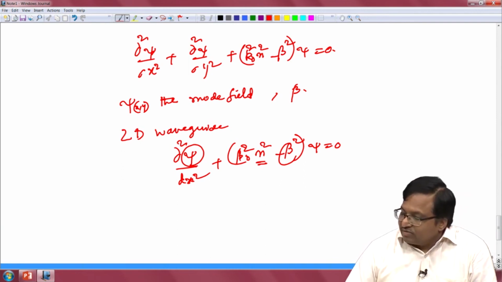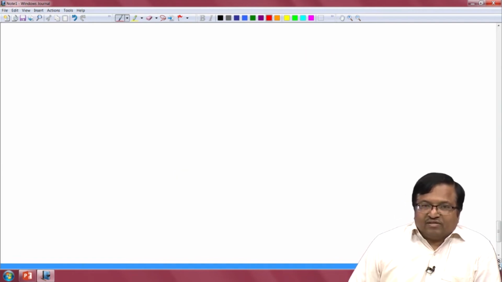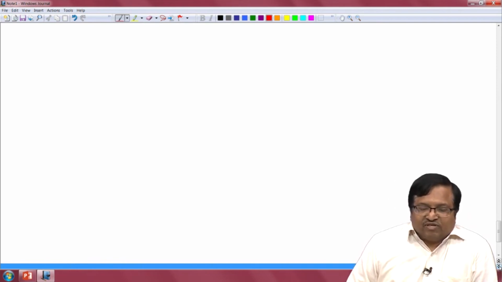Before that, as we know, the electromagnetic fields inside the optical waveguide have many components: x component, y component, z component and so on, and electric fields Ex, Ey, Ez and Hx, Hy, Hz. In principle all the components can exist and can be important, but it is possible to reduce the study of optical waveguides to a single component.